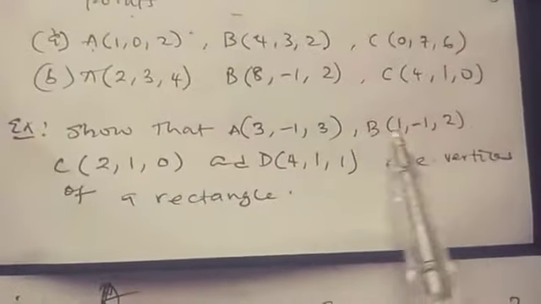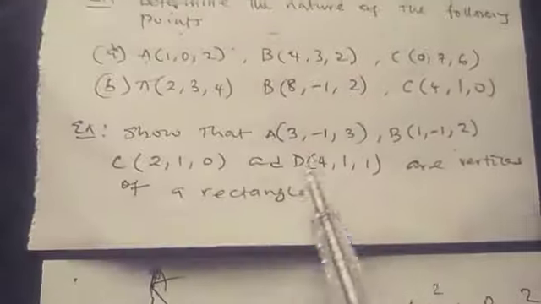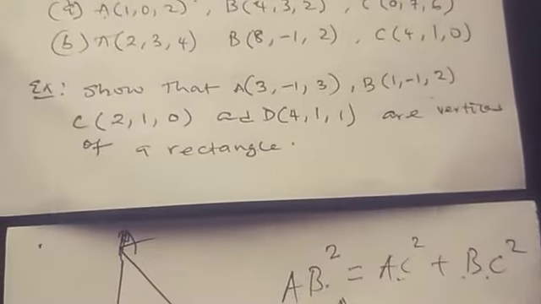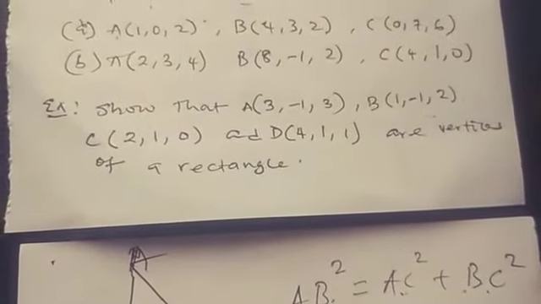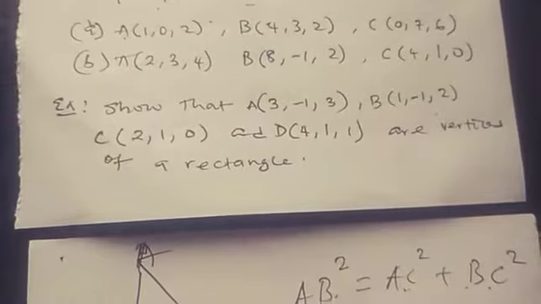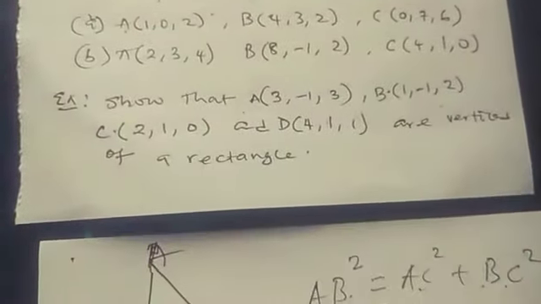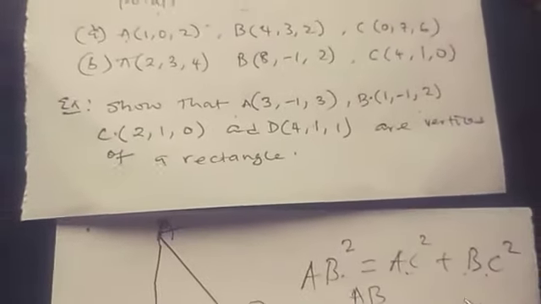Also, for this one, you have to show that these points are vertices of a rectangle. What you need to do here is pair them as usual. You find AB, you find BC, you find CD, and back to DA.